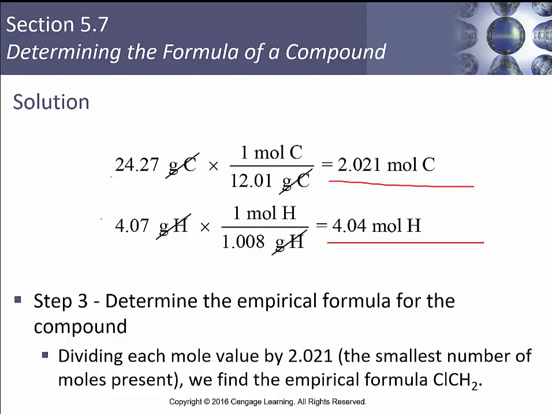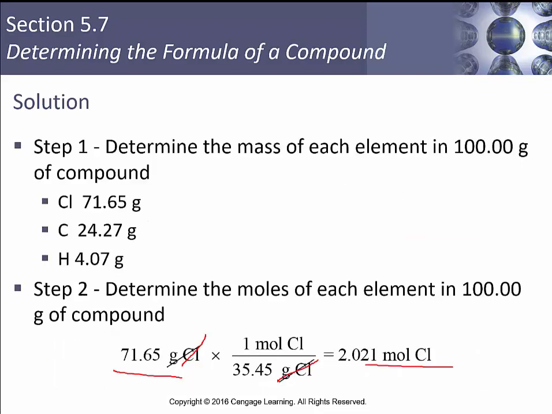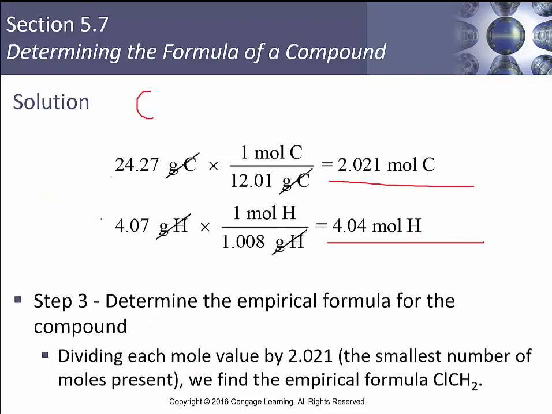If you look at this empirical formula right now, we would have something along the lines of Cl 2.021, carbon 2.021, hydrogen 4.04.